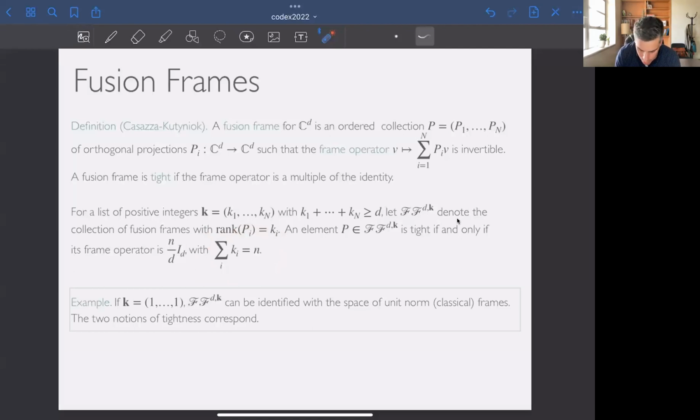If I take all my projections to be rank 1, I'm just projecting onto a bunch of lines. If I take unit vectors representing each line, then that's giving me a unit norm frame. So the elements of this are generalizations of unit norm frames, and also the two notions of tightness correspond.